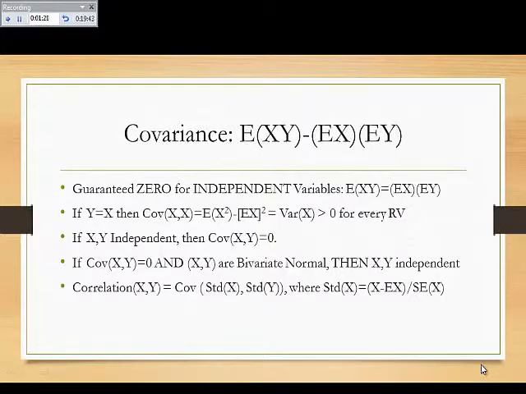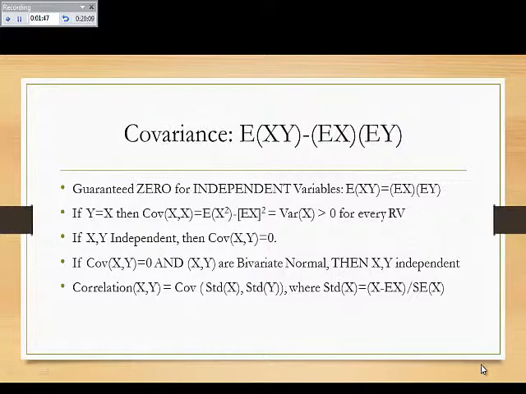Now, the correlation between x and y is, by definition, the covariance of the standardization of x with the standardization of y. So the standardization of x is, as usual, x minus E[X] over the standard error of x, and the standardization of y is y minus E[Y] over the standard error of y.